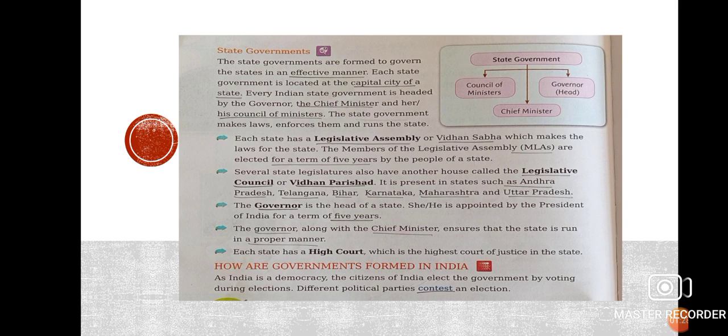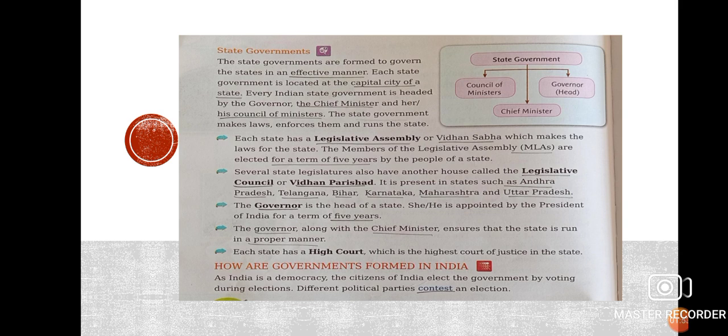The state governments are formed to govern the state in an effective manner. Each state government is located at the capital city of a state. Now underline, each state government is located at the capital city of a state. Every Indian state government is headed by the governor, the chief minister. Now who is the chief minister of a state?